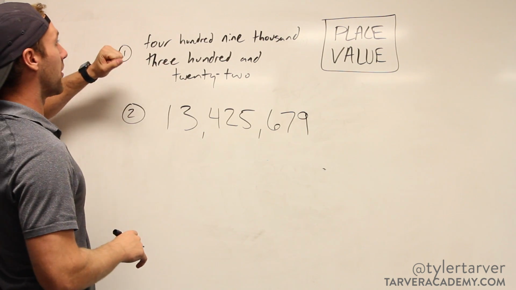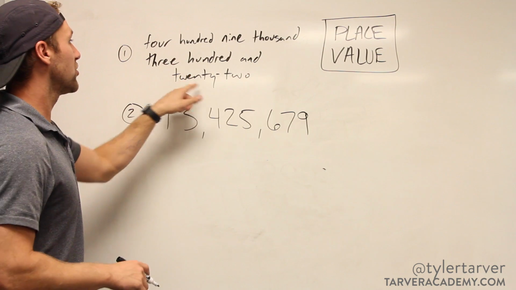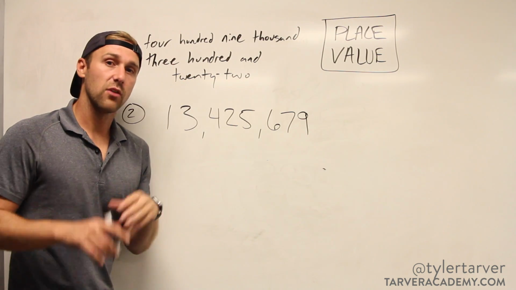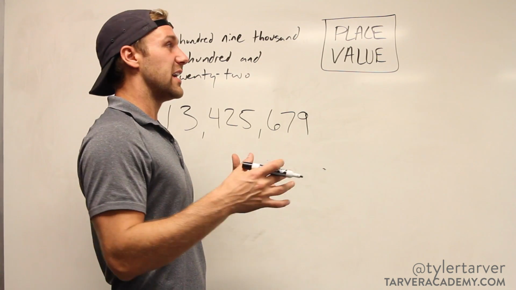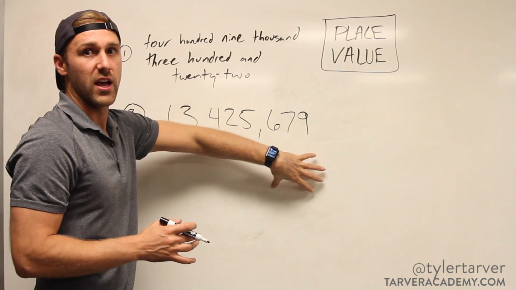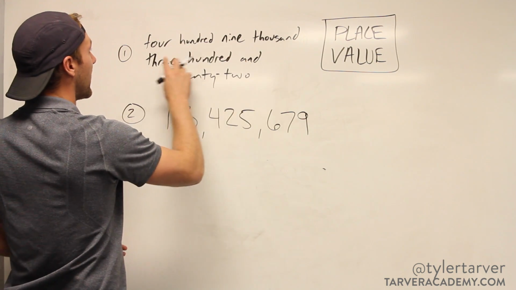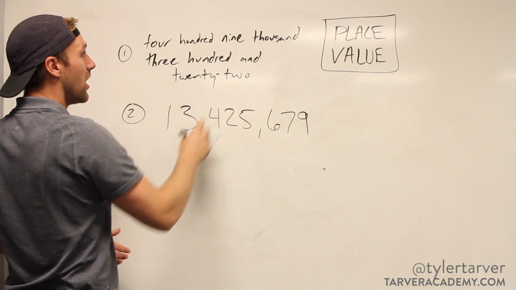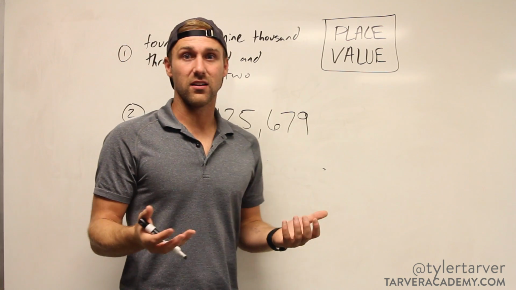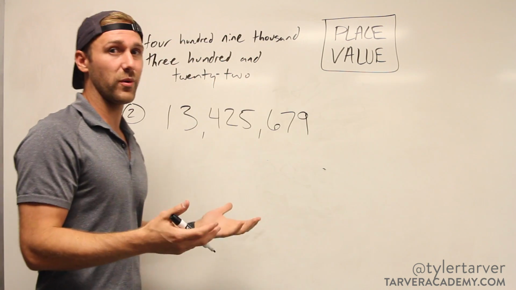Let's look at this first one. We want to write this number: 409,322. First thing I want to do is split it up into sections separated by a comma. You might want to start at the end.